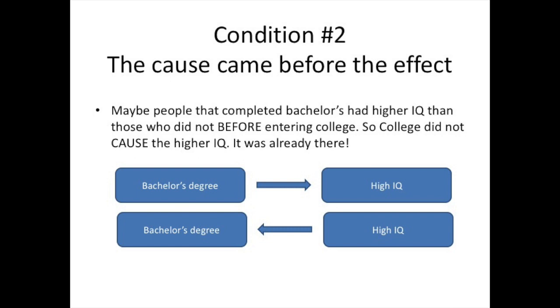So college did not cause the higher IQ. The IQ was already there. If we cannot be sure which one came first, then we cannot say that the bachelor's degree caused the higher IQ. And therefore, we cannot establish causality.